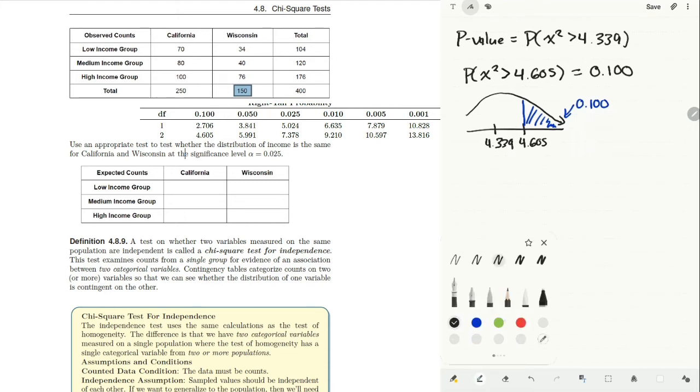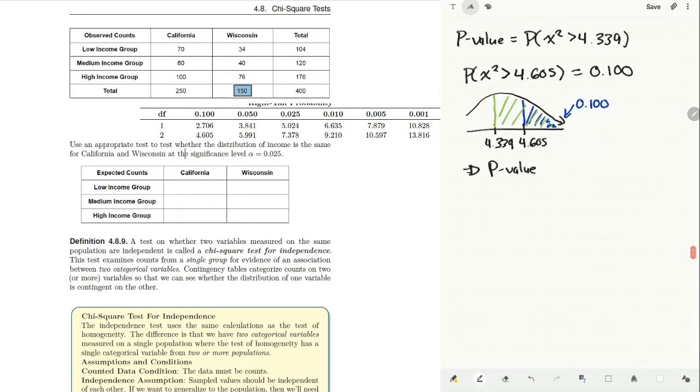So we want the area to the right of this value. Well, since the area to the right of 4.605 is equal to 0.1, this tells us that our p-value is going to be larger than 0.1.